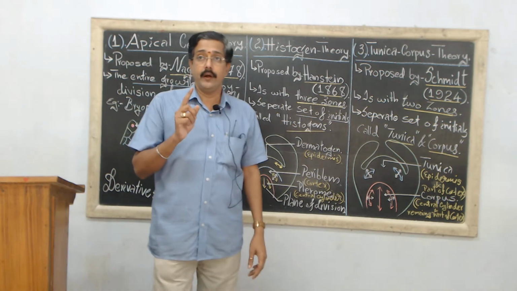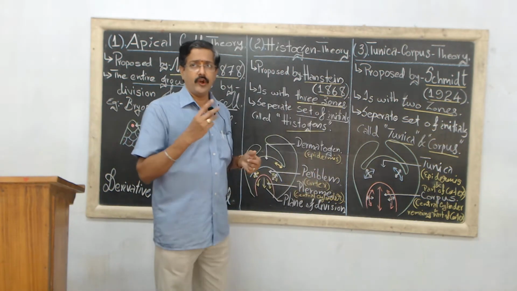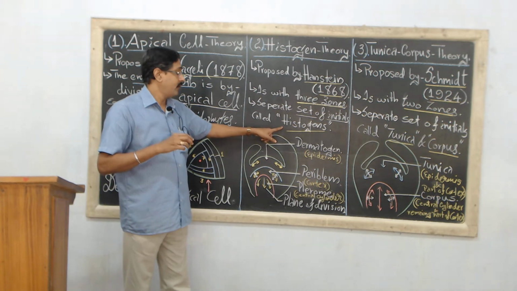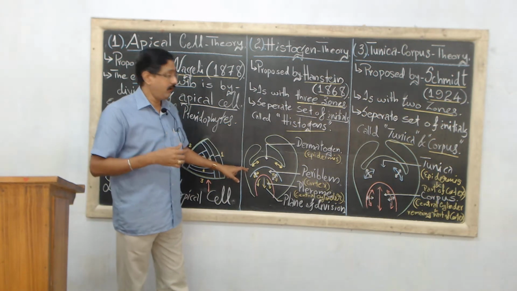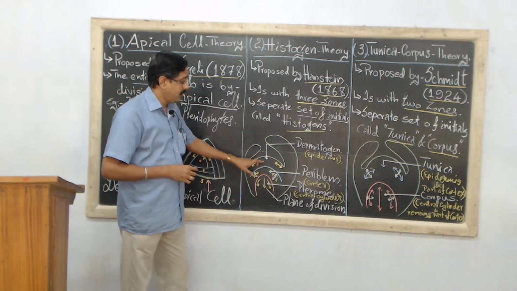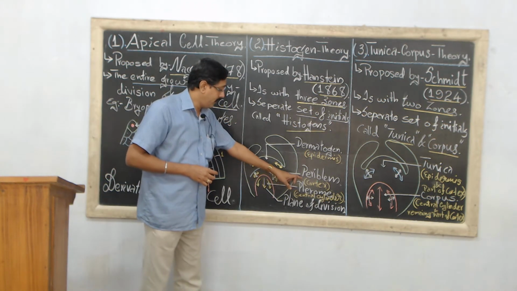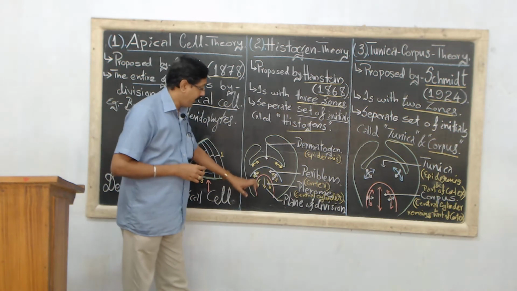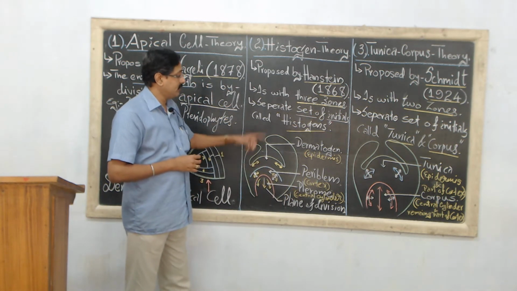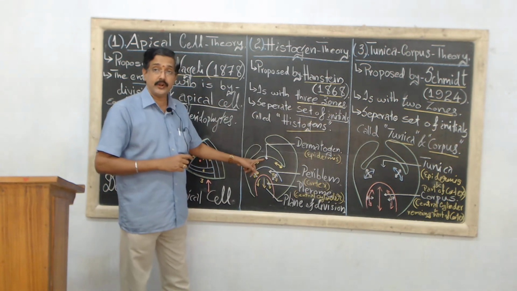The apical initial cell first shows two more divisions to produce three initial cells, and they are together called histogens. In the diagram of the vertical section of shoot apex, the outer layer is the dermatogen, the middle layer is the periblem, and the innermost layer is called the plerome.